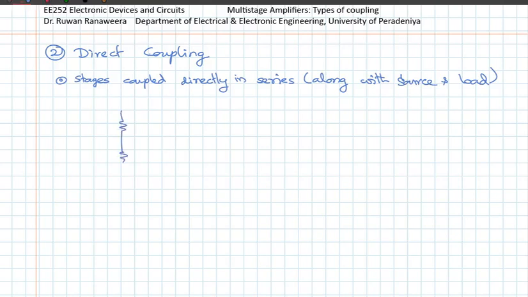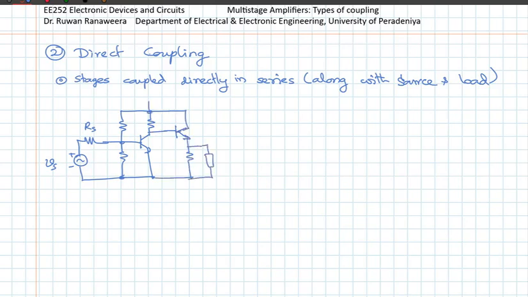So you have the biasing of the first stage, you have common emitter amplifier. So this is something like this. Directly connect the signal source. This Vs should not have any DC component, otherwise it will affect the biasing. And then you'll have the second stage directly coupled to the first stage, and load is also connected directly to the circuit.